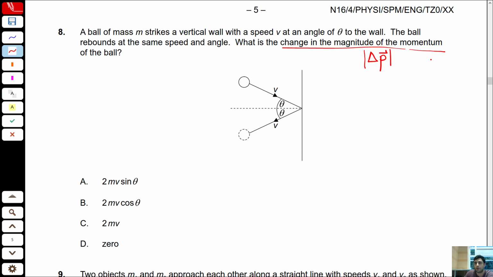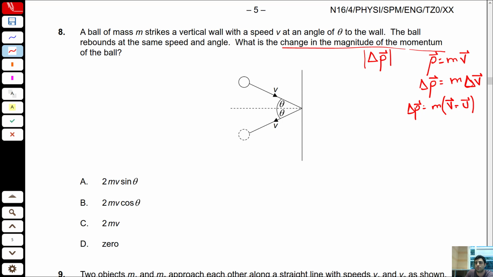Now we already know that the equation for momentum is mass times velocity. This is a vector and this one is also a vector. Now change in momentum will be equal to mass times change in velocity, because the mass doesn't change, mass stays constant. Further on, change in velocity is final velocity minus initial velocity.